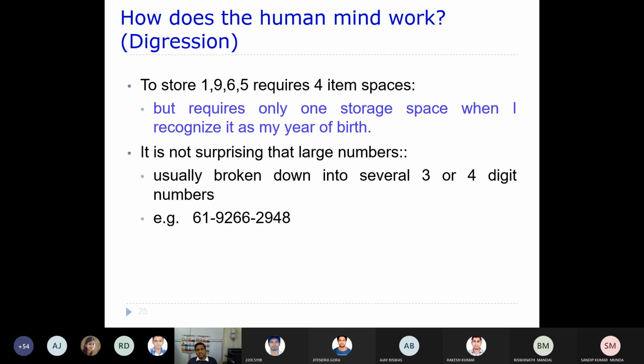If somebody says it's your birthday, 1965, you can easily store this. But if I just say 1965, maybe it will be very difficult for you to remember, right?